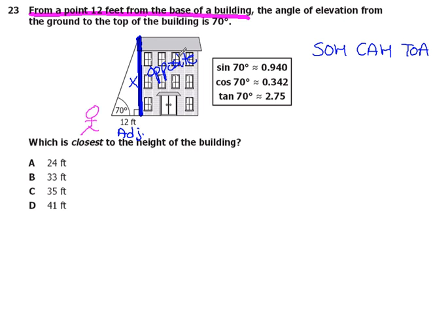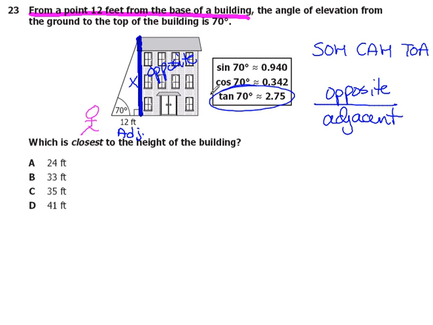So if I take a look at my three possible trig ratios, sine, cosine, and tangent, the one that deals with opposite and adjacent is going to be my tangent function.